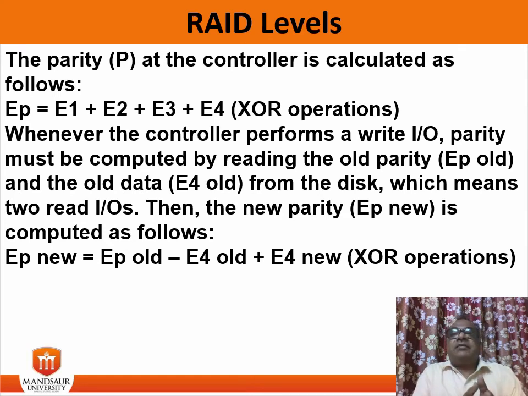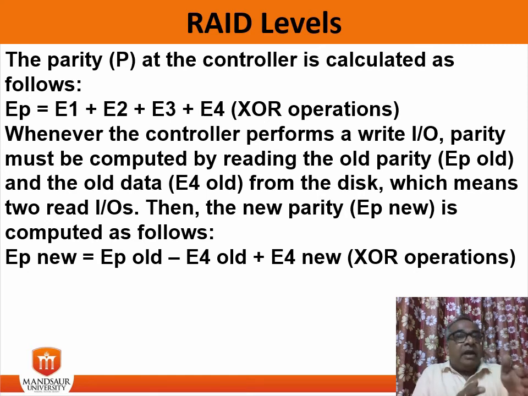In RAID 6, which maintains dual parity, a disk write requires three read operations, two parities and one data. After calculating both new parities, the controller performs three writes: the new data and the 2 parities.